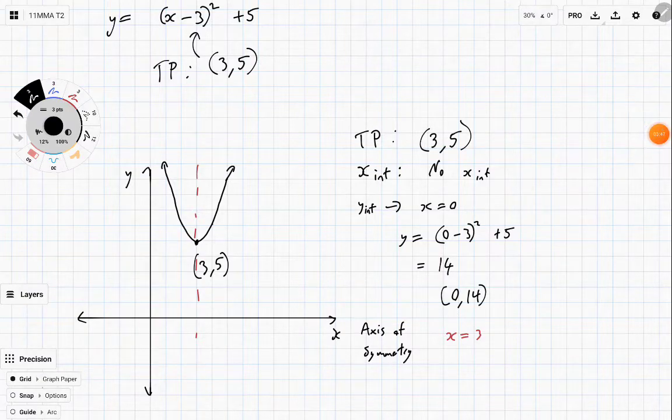The last thing we can talk about is domain and range. So domain, we haven't put a restricted domain on it, so it's just going to be x in double R, no restrictions. However, for the range, as per usual, quadratics never get full range because of the way that they're positioned. There's always going to be some restriction on them.